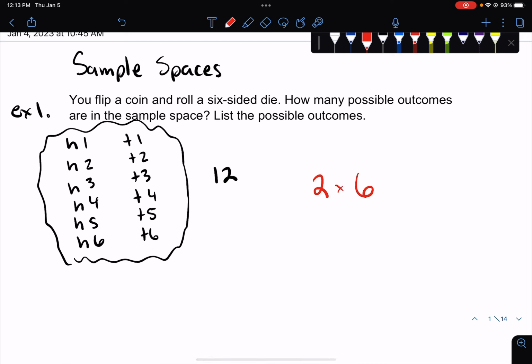If I multiply those together, I get 12. You should have done that a lot in 7th grade, talking about how many different ice creams you could make, how many different sandwiches, how many different outfits you could pick if you had 4 shirts, 3 shoes, and 6 different pairs of pants, right? So remember, this is the sample space, the list of all the outcomes, but you don't always need the list. Sometimes you just need to know how many of them there are, all right?